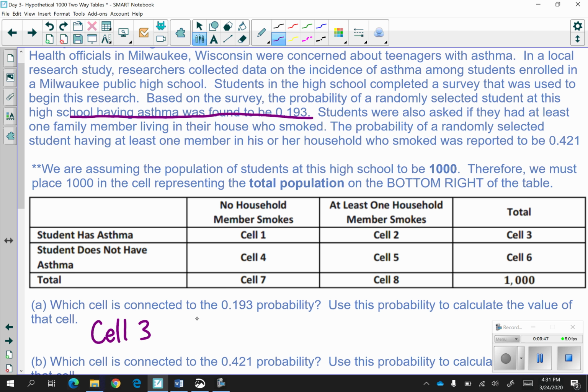To fill in cell 3, you're going to do 0.193 times 1,000, which is equal to 193 people. Remember, in the last one they gave us percentages, so we had to convert them to decimals before we multiplied. In this case, they're giving you the decimals, so you can just go straight to multiplication.